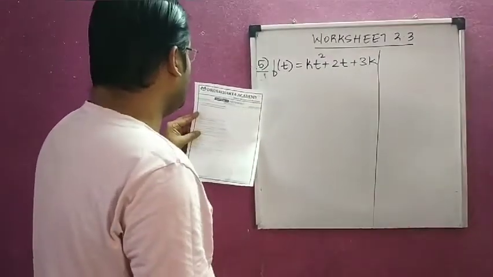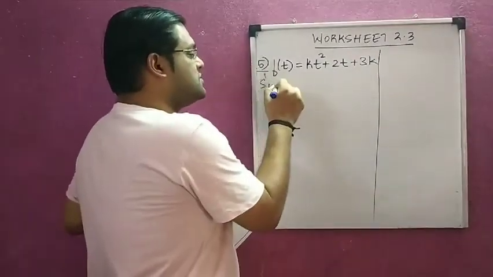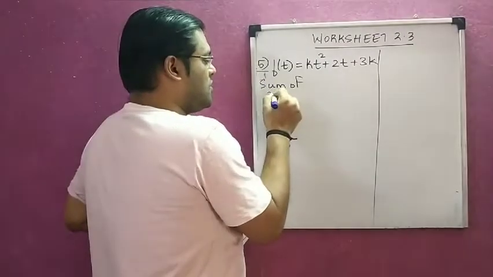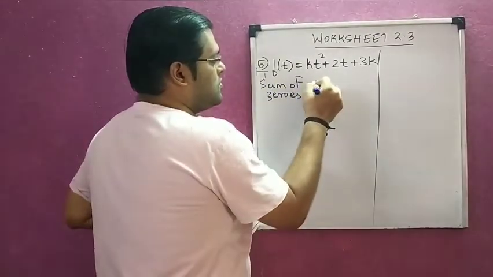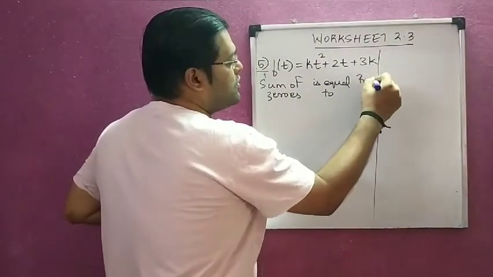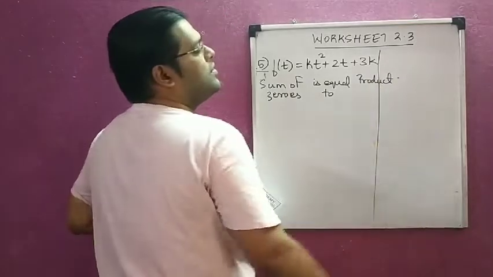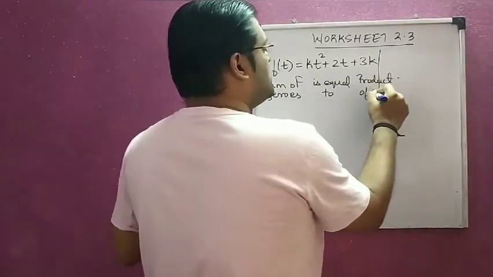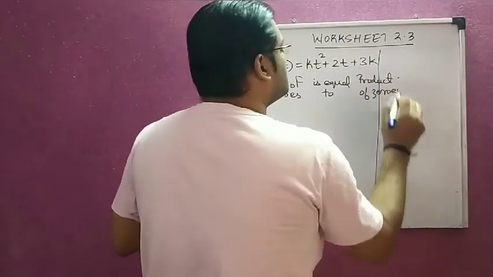Right? We are told that the sum of the zeros is equal to the product. Right? Sum of the zeros is equal to the product of the zeros.